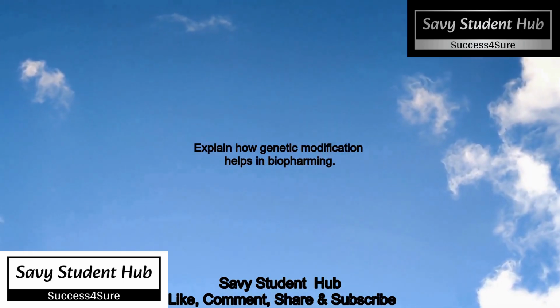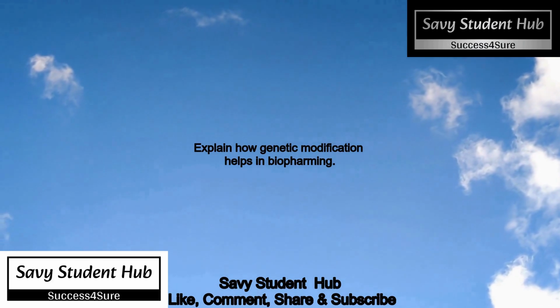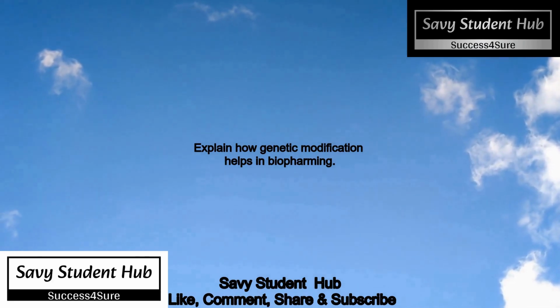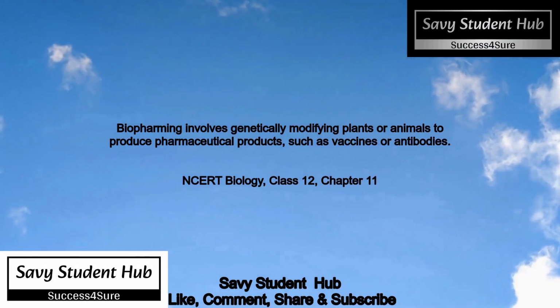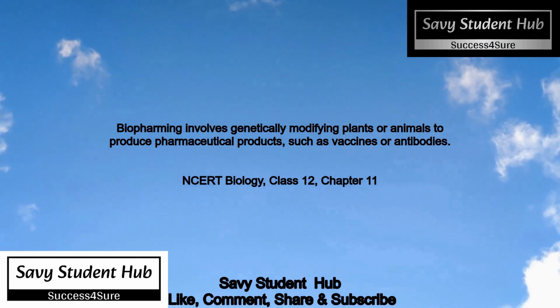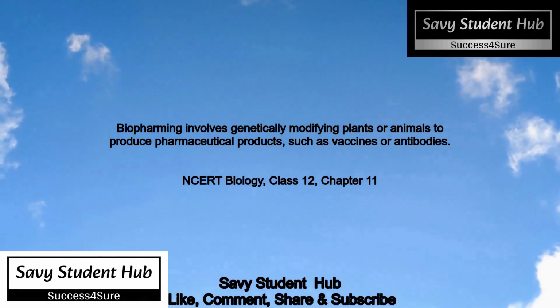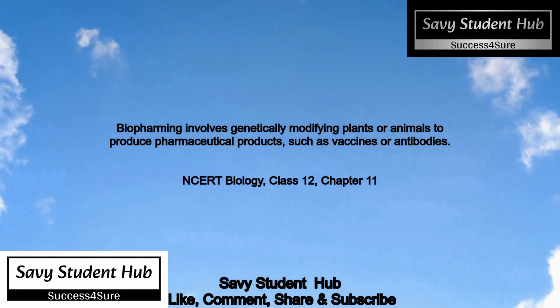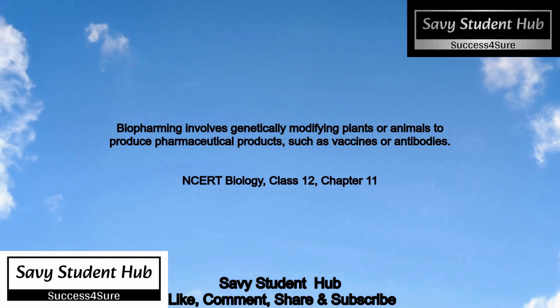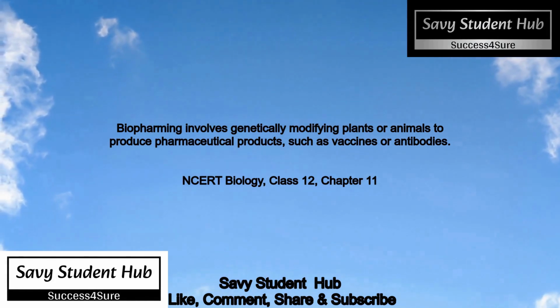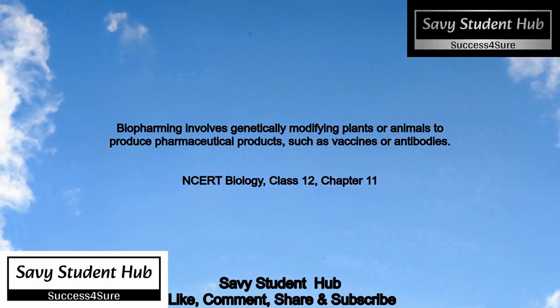Explain how genetic modification helps in biofarming. Biofarming involves genetically modifying plants or animals to produce pharmaceutical products, such as vaccines or antibodies.